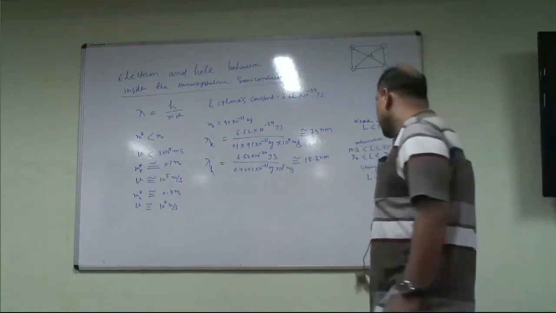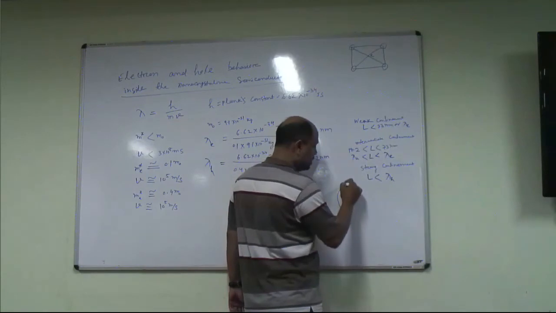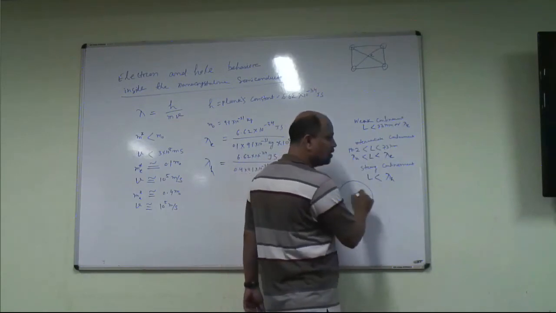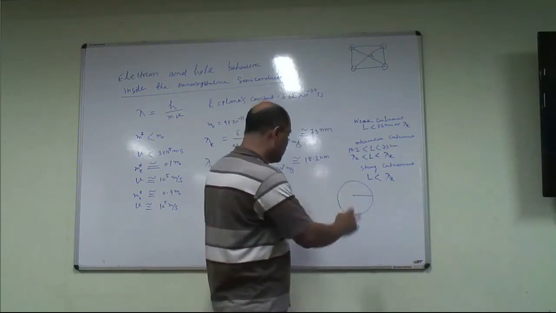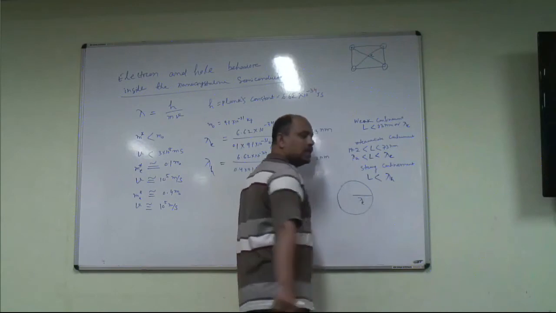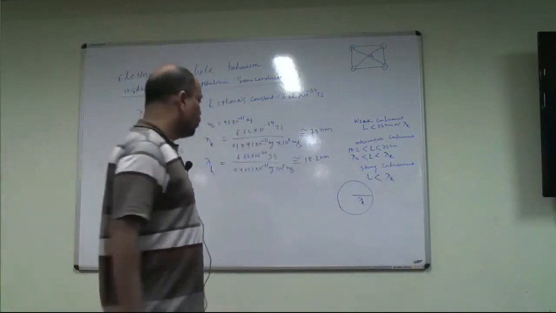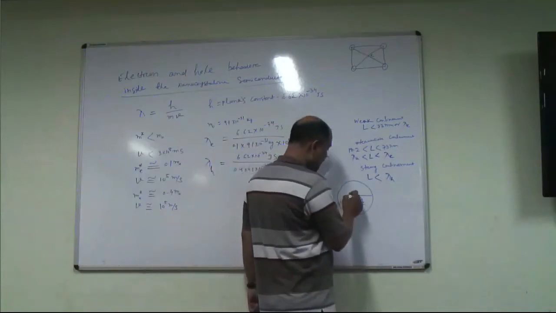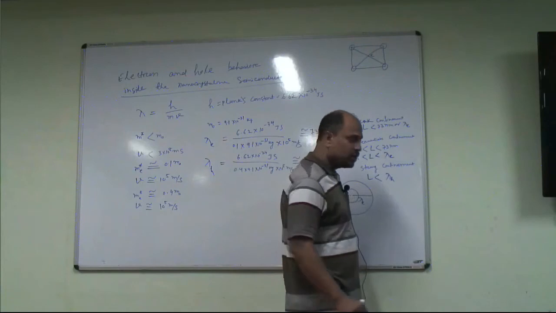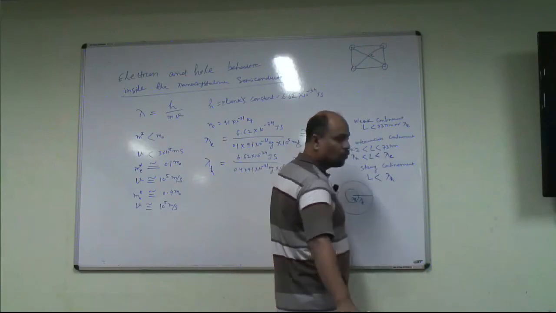So what we get pictorially: if you have a material with a strong confinement length, the radius of the material is the lambda electron, basically the de Broglie wavelength for the electron, and there will be a confinement length for lambda, the wavelength of the hole.